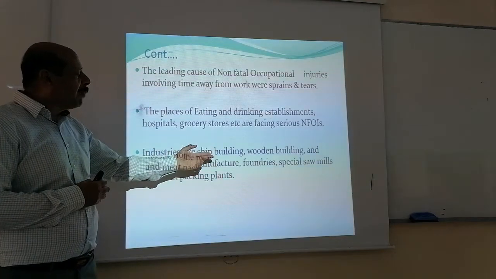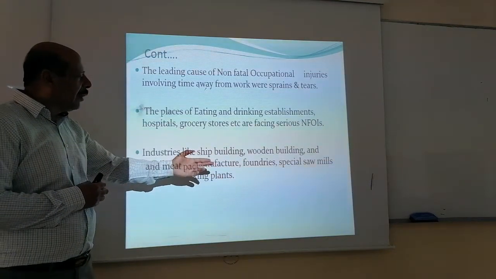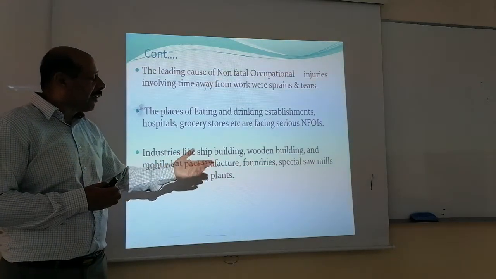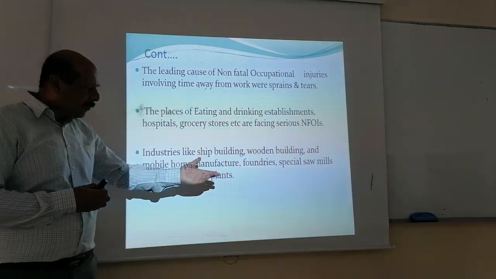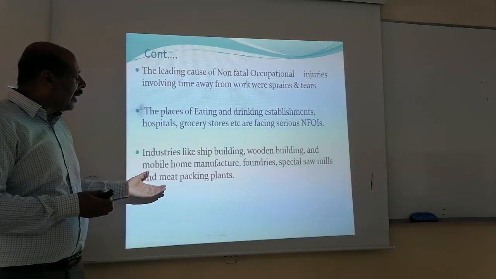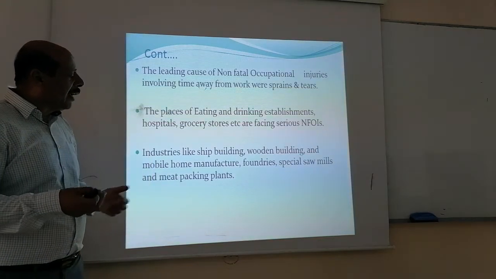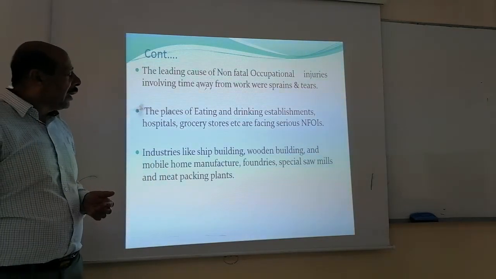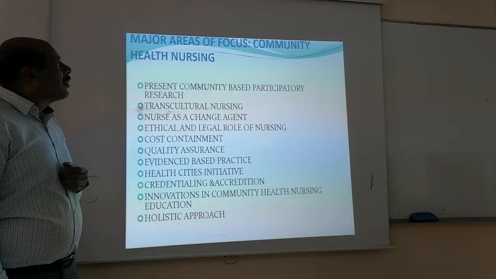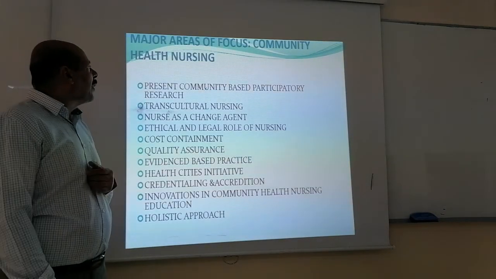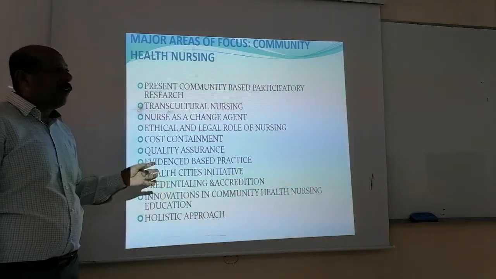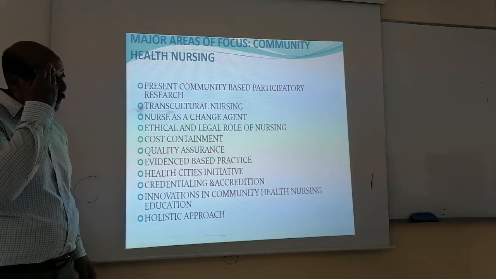Industries like shipbuilding, wooden building, and mobile home manufacturing, and especially sawmills and meat packing plants, also lead to non-fatal injury. These are some of the major areas of focus in community health nursing.